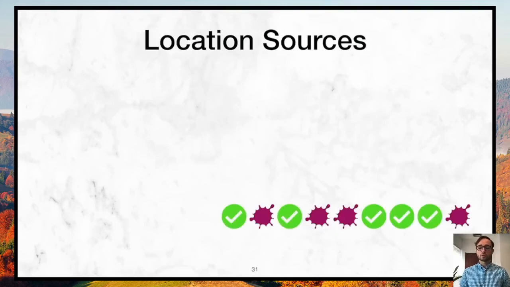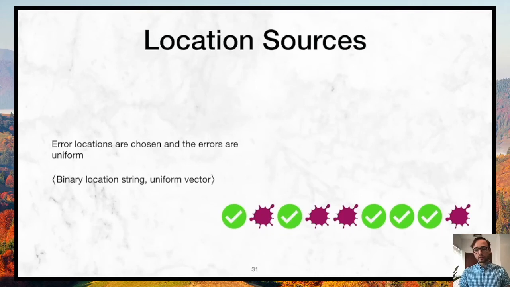Location sources are sources where locations are chosen and the errors in those locations are uniform in the group. This means you can think of it as an inner product between a binary location string and a uniform vector, where the binary location string is 1 in positions where there is error, and therefore those positions will be uniform in the group. This is like a one-time pad, but only in specific locations.